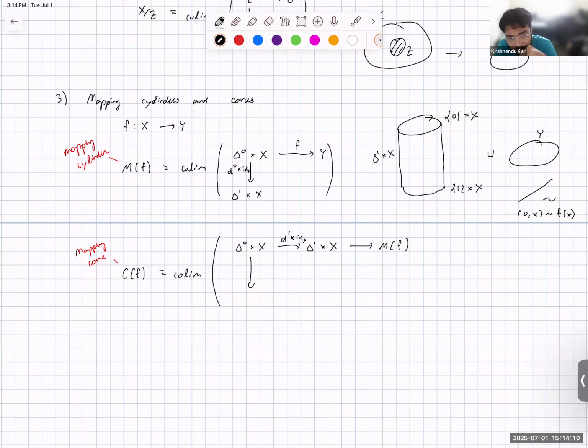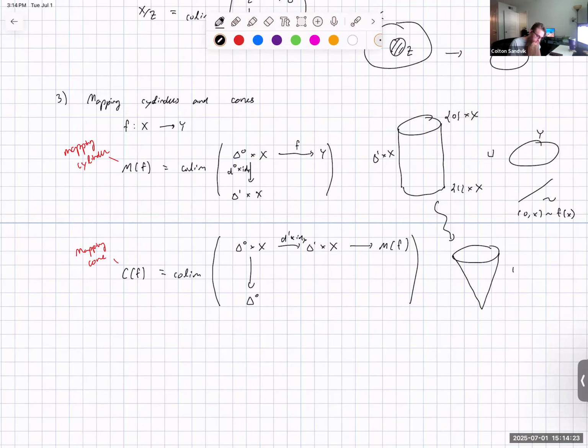And we can go down to delta 0. This is just obtained from the mapping cylinder by crushing everything on the bottom. It's quotiented out by the same relation. So the top is 0 cross X, but now we have it all the way contracted to a point. These are useful. I think we'll start seeing these more when we talk about the homotopy theory of simplicial sets. They play a very analogous role to those that you would construct in algebraic topology.